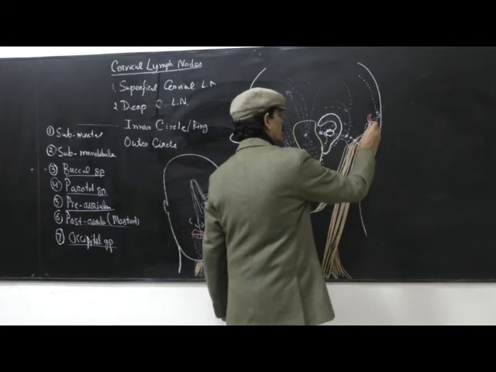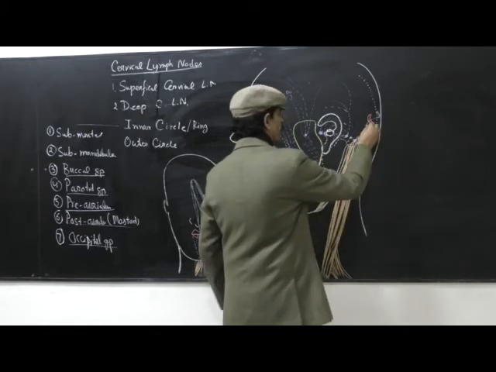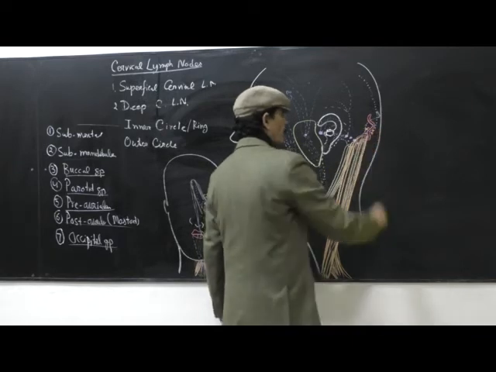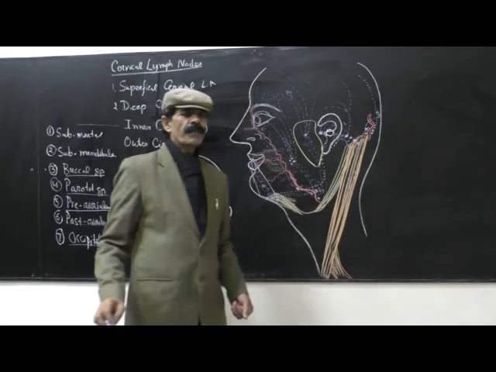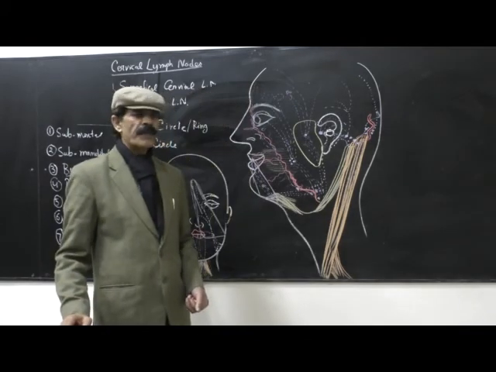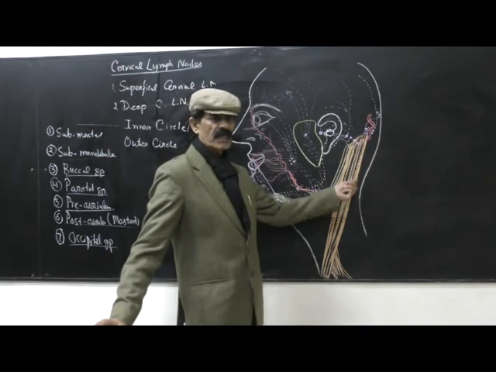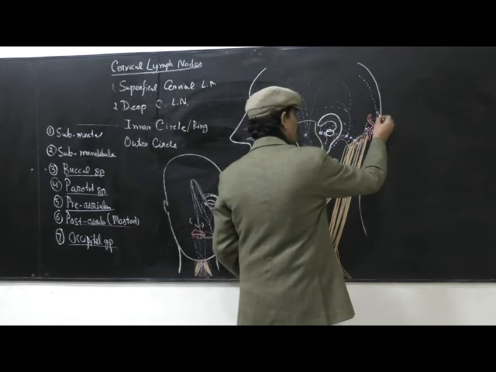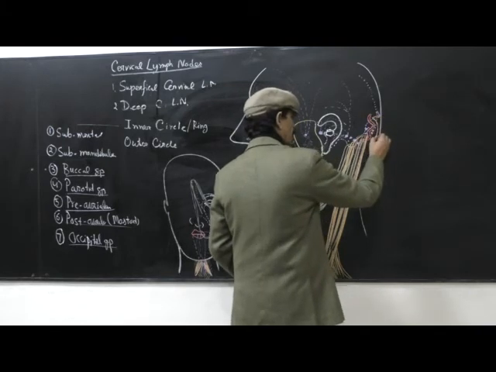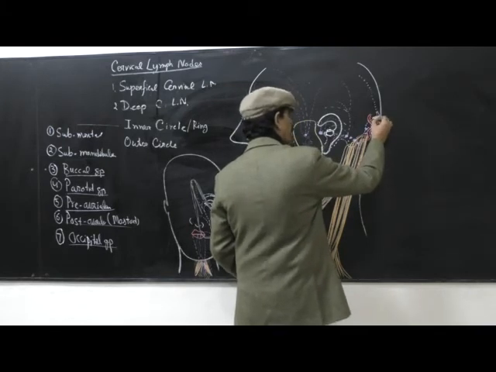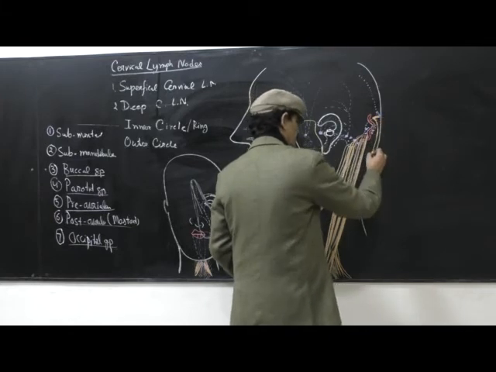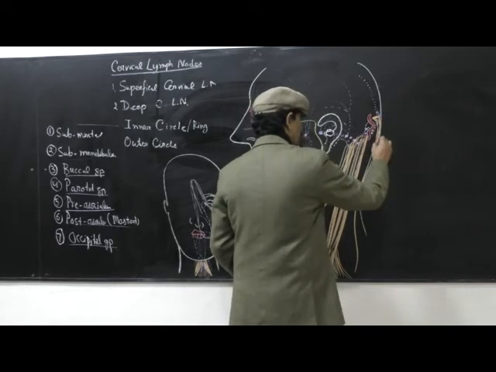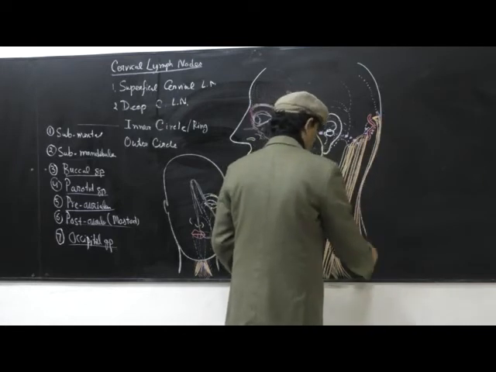These lymph nodes are present in relation to the occipital artery or the occipital bone. They are present between the posterior border of the sternocleidomastoid and the anterior border of the trapezius muscle, as the trapezius muscle takes origin from the medial one-third of the superior nuchal line.